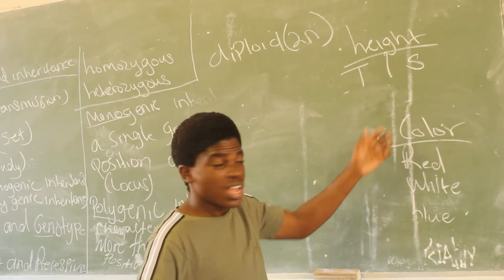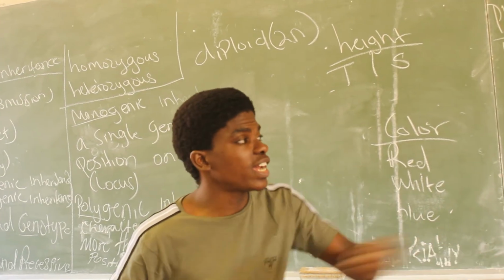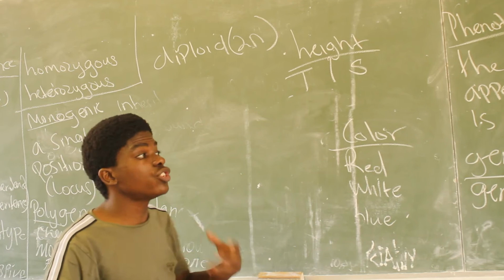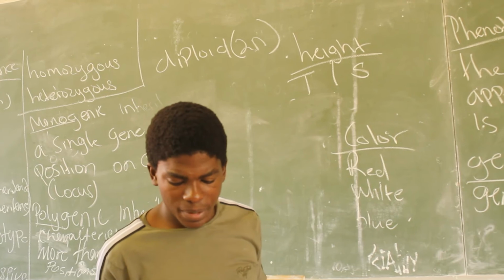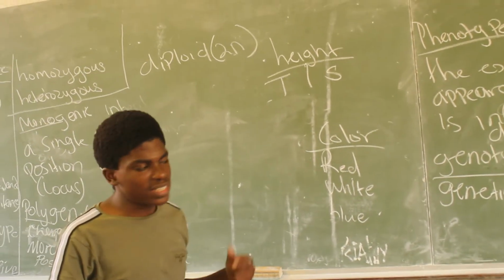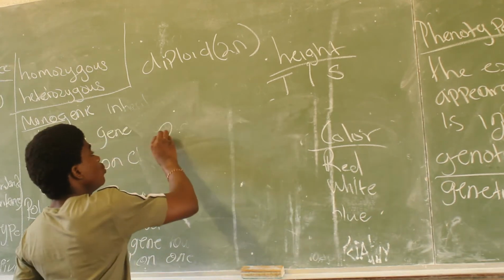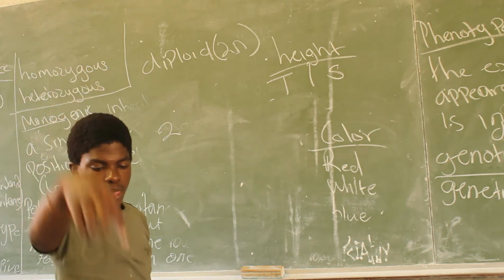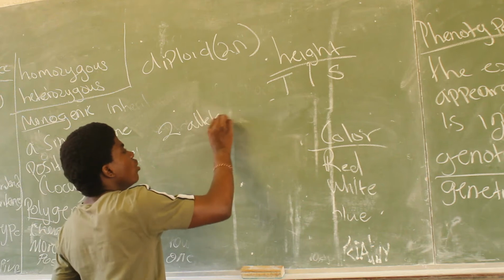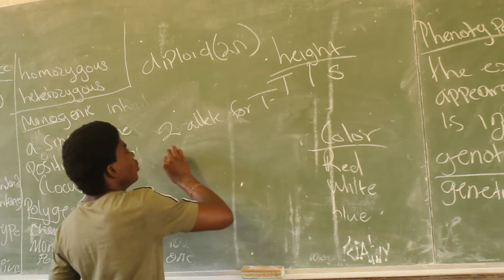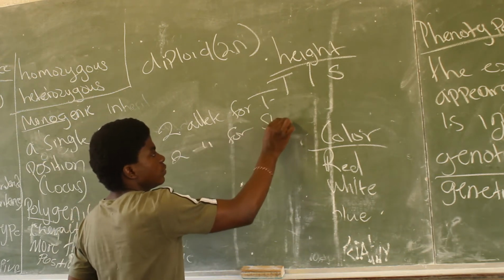Color is the characteristic, you have alternative forms of color, and they give different expressions of the characteristic. So how does it happen? Let's say when we express them, you can either have two alleles for tall, or two alleles for short.